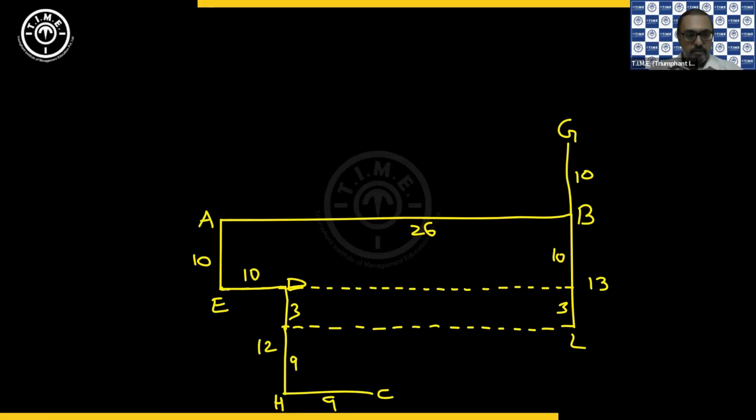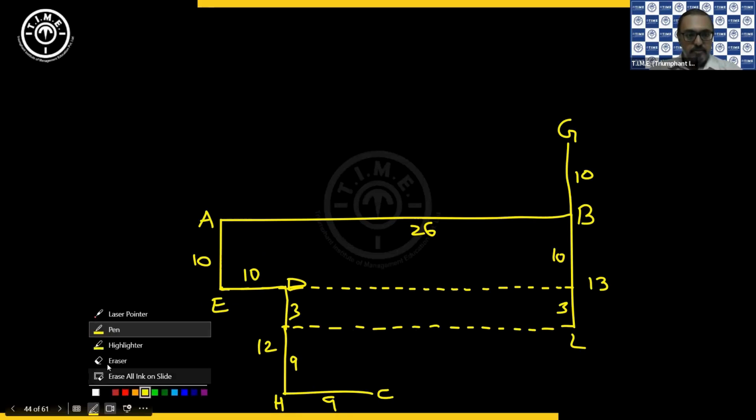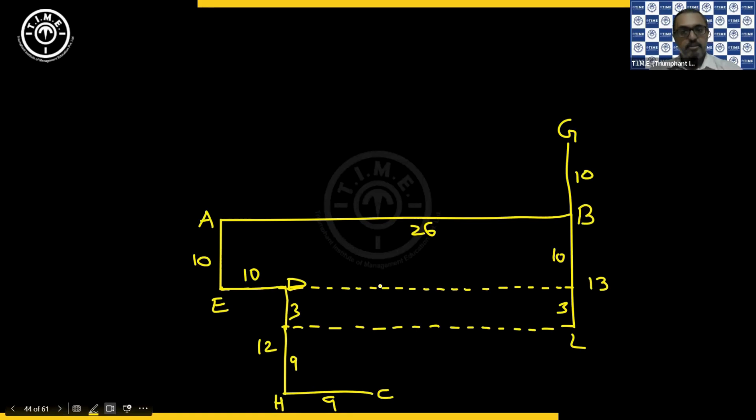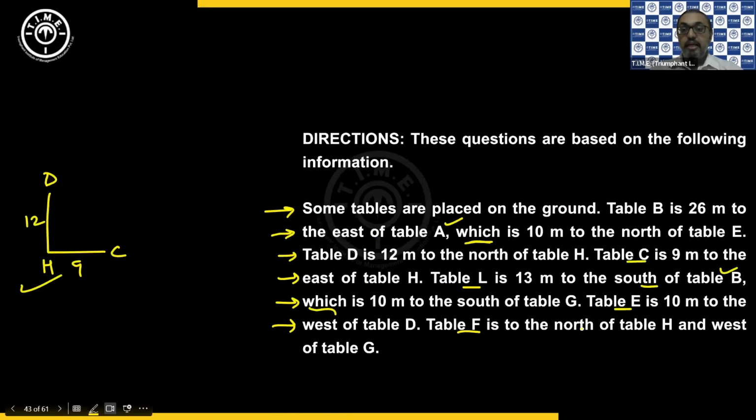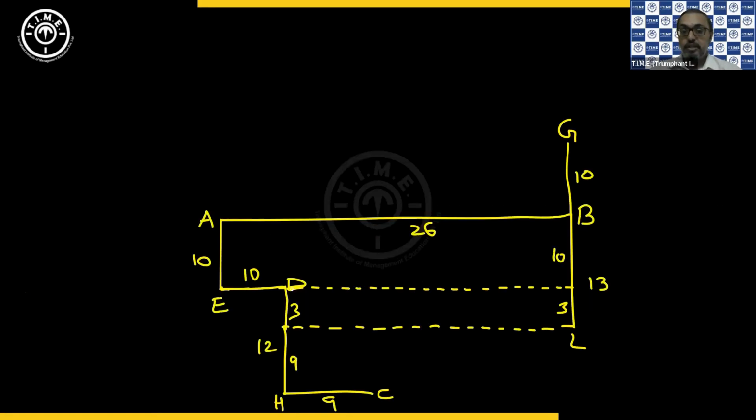So let's just take this. Okay. Let's continue. Then F is north of H and west of G. So F should be north of H, means above H, and at the same time west of G. So F should be put here, which is north of H. So that means this is 16, because total is 26 and this is 10. So this is 16.